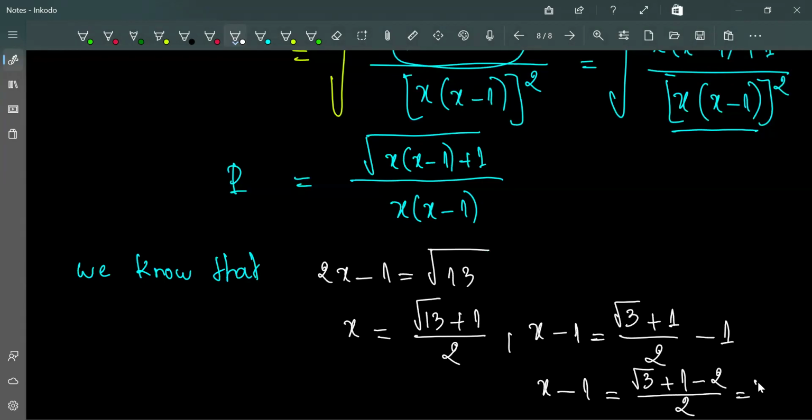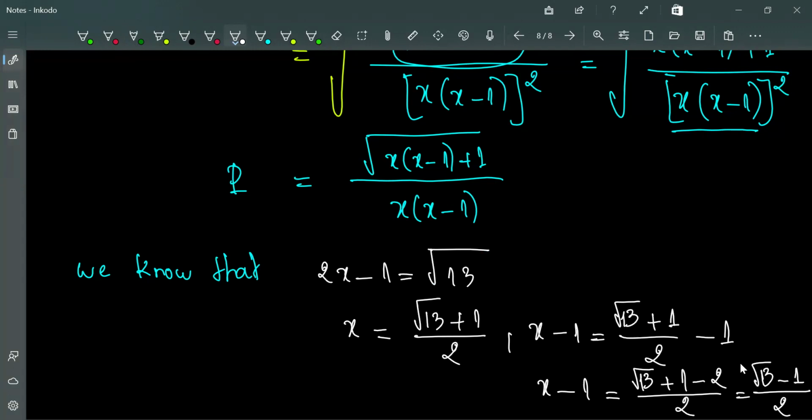So it equals square root of 13 minus 1 over 2.